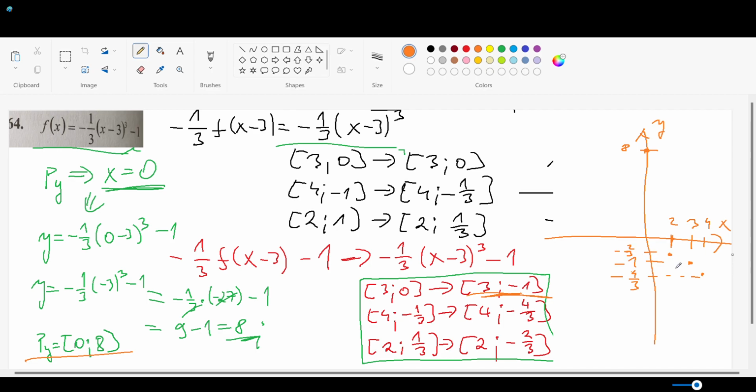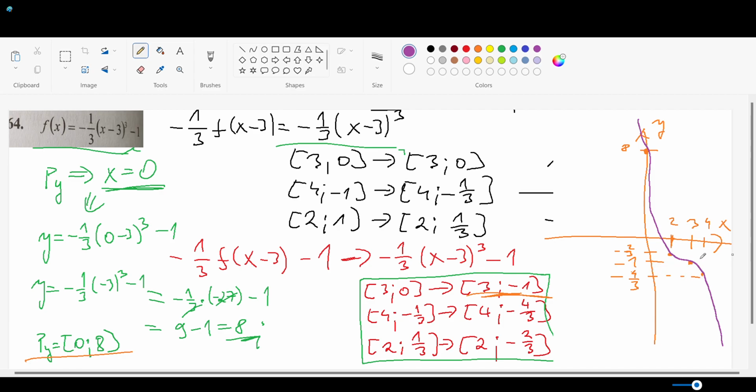This is my next point, and here is the intercept with the y-axis. So I'm gonna try to do my best, but basically my function would look something like that.